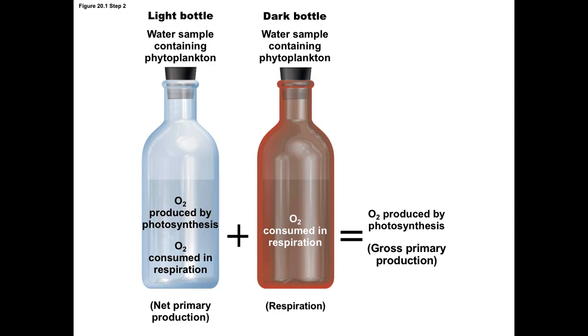We set this up in the same illuminated area, but there's no photosynthesis because the light isn't getting through. So it's using up oxygen. We measure this over time, and we'll see the amount of oxygen decrease, because here we're just measuring respiration. So now we can measure the amount of respiration and the net primary productivity, put them together, and it gives us an estimate of gross primary productivity.